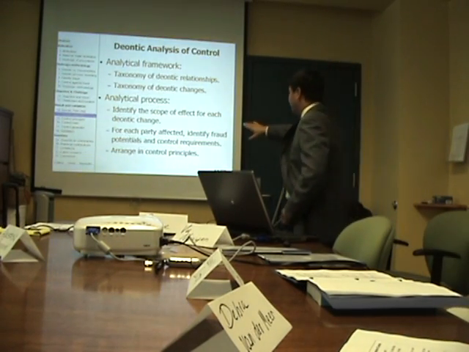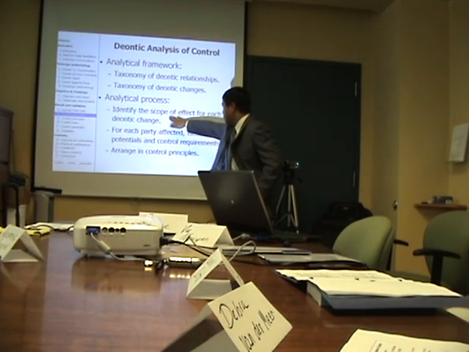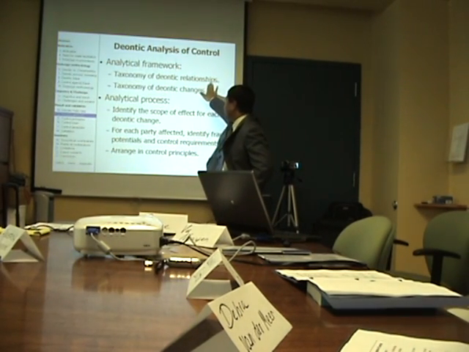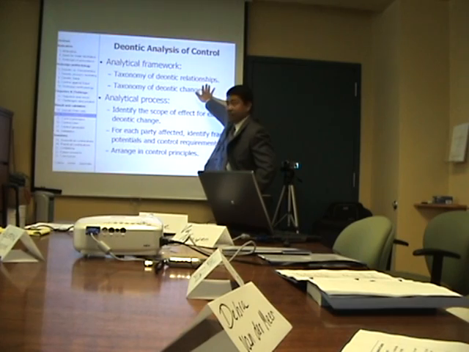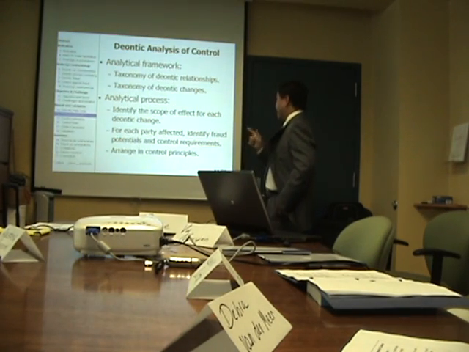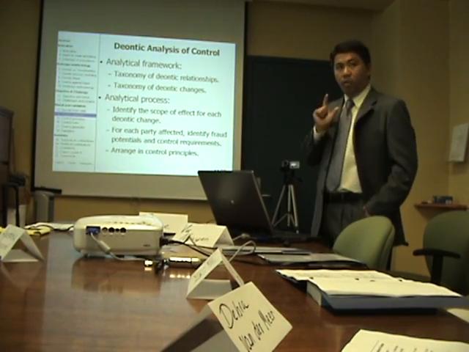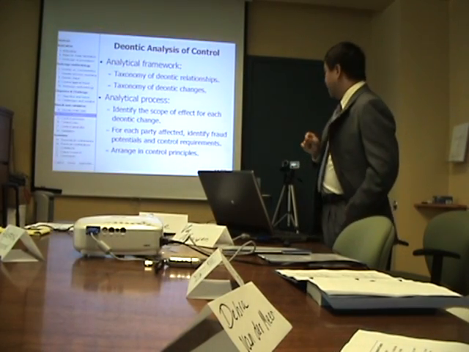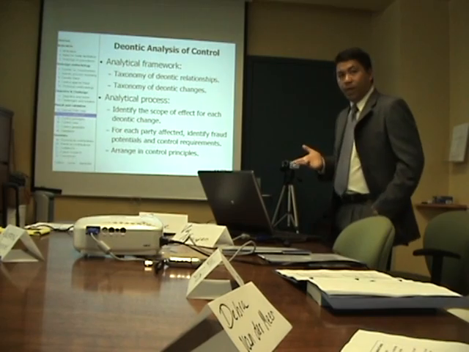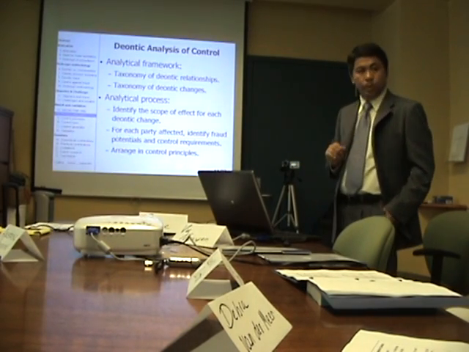So for any kind of deontic chain, I identify the scope of effect defined by the deontic relationship that I identified before. And then I identify the potential fraud for each of the parties involved in the process. And then I identify control requirements in order to limit this potential fraud.